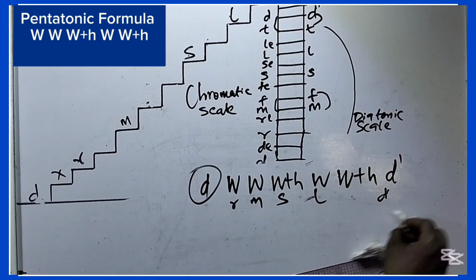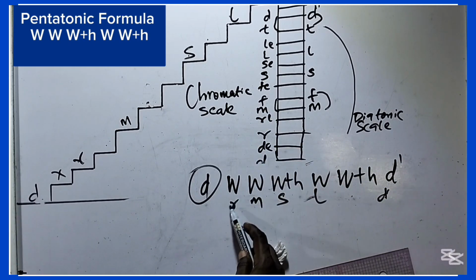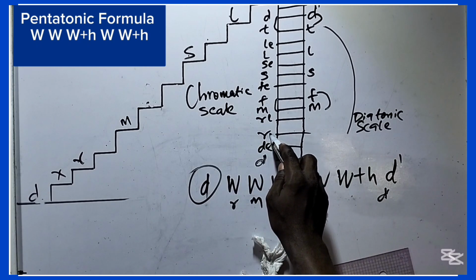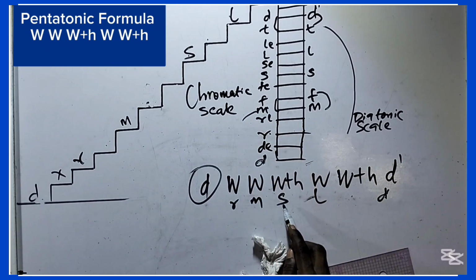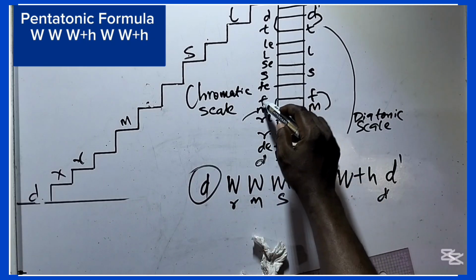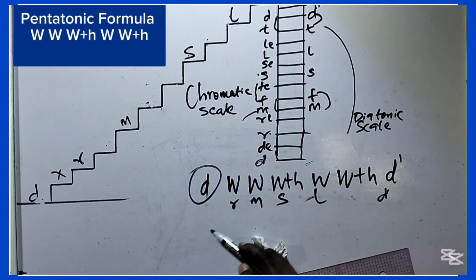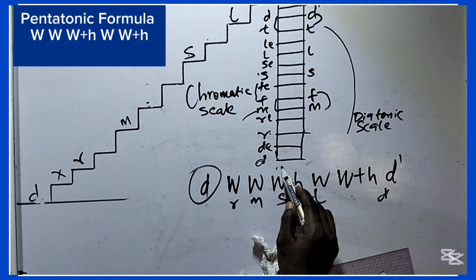Okay, if you want to calculate it with this, for you to get re from do in diatonic scale, do comes to re, then to mi. Do you understand? But from mi to sol, you count 1, 2 plus another half, 1, 2, 3, which is whole plus half.